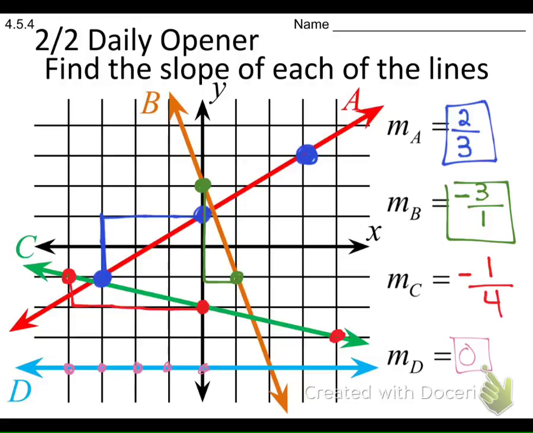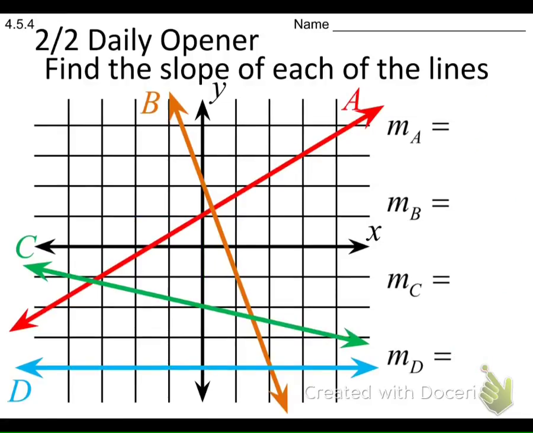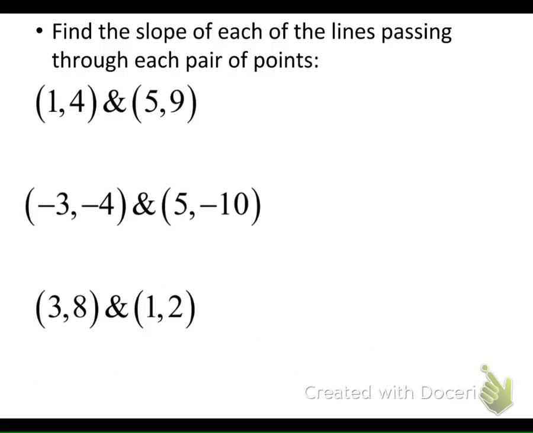Flip your opener over to the back side. On the back side of your opener, you're still finding the slope, but this time you're finding the slope of ordered pairs.